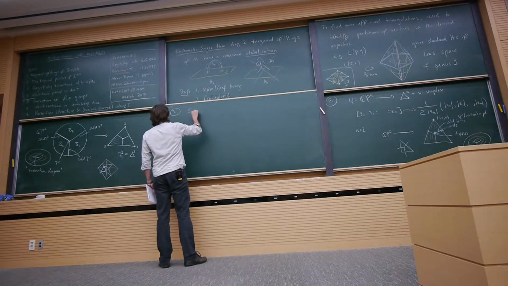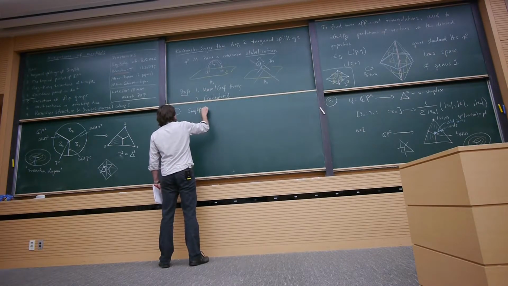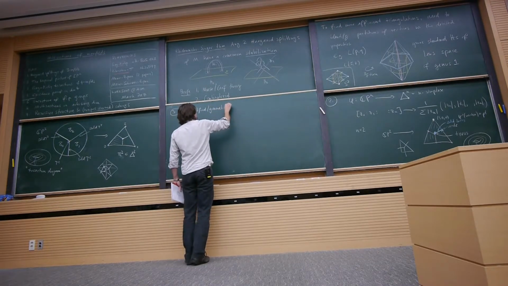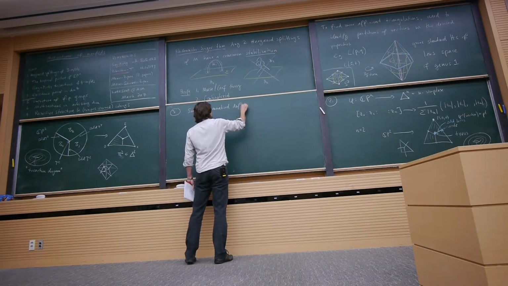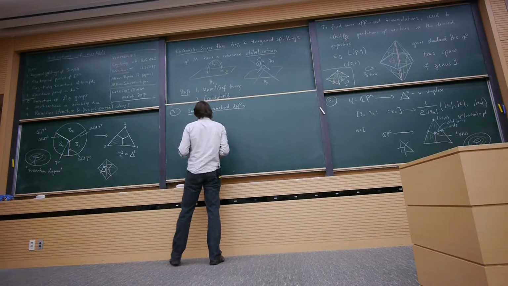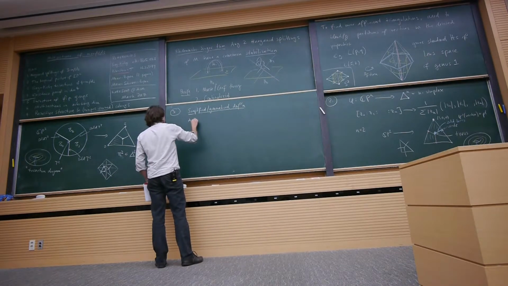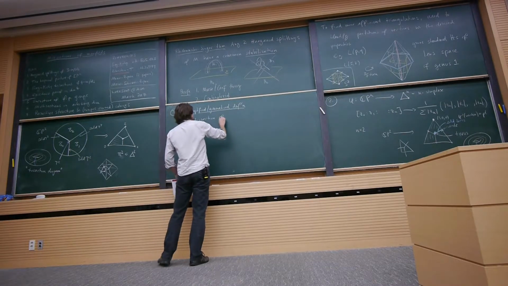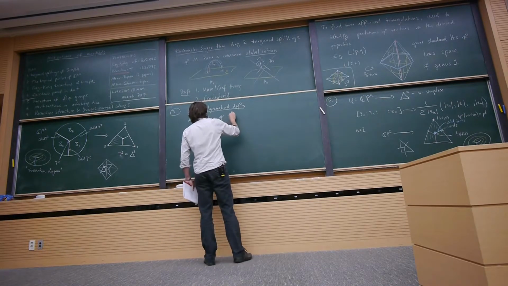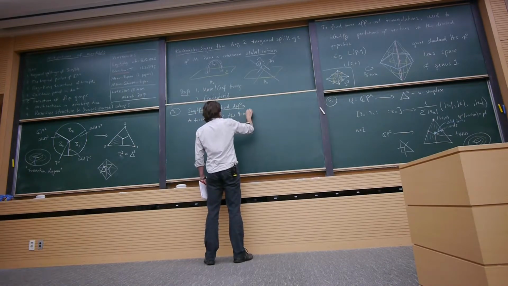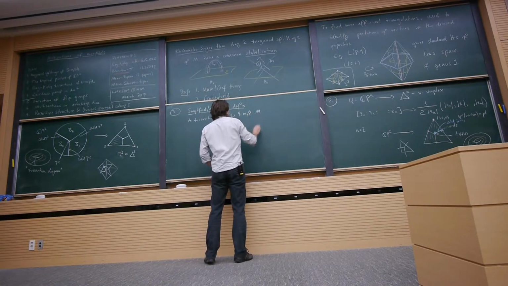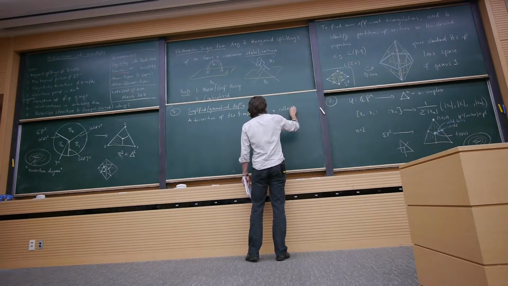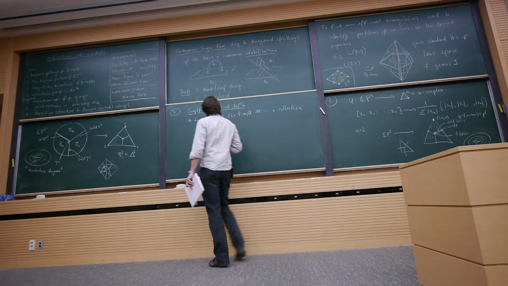So, a trisection of M is a collection of submanifolds.